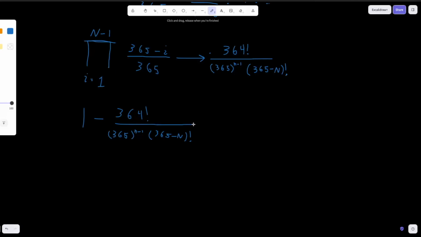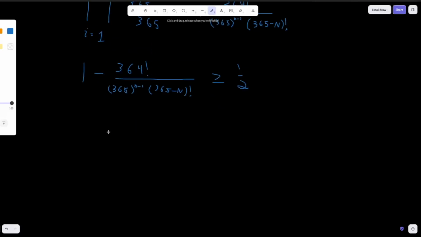And we want this probability here, right? Because this is a probability still. We want it to be greater than or equal to 1/2, but really we want it to be equal to 1/2. And when we do out the math, what we get is that n is going to be equal to 23.